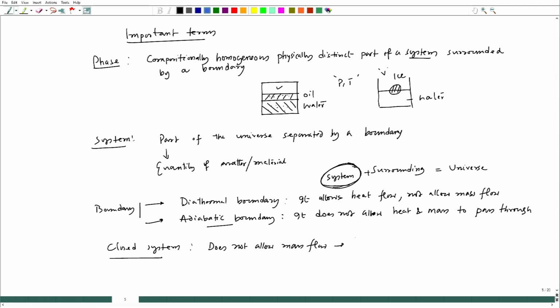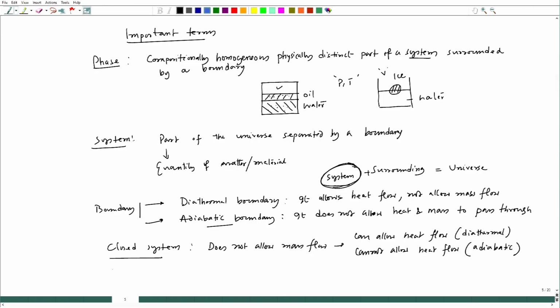It can allow heat flow depending on whether the boundary is diathermal, and if it cannot allow heat flow, then it will be an adiabatic wall.